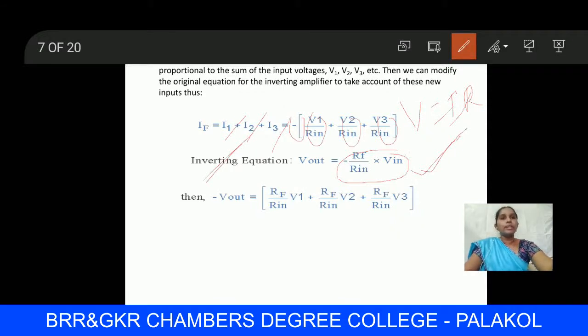Then we substitute these values. Therefore V out is equal to minus Rf by R1 into V1, and the next one is Rf by R2 into V2, and another one is Rf by R3 into V3. Likewise, by using this formula, we write the total output voltage of a summing amplifier.